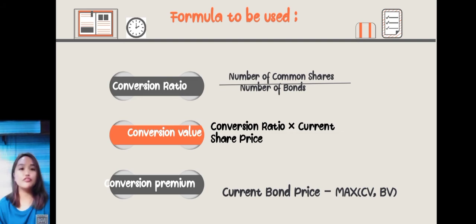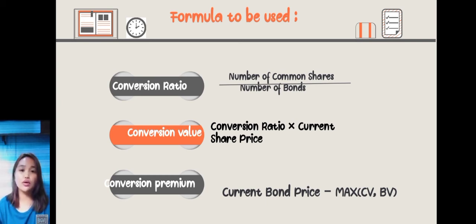The first one is the conversion ratio. The conversion ratio is the number of common shares received at the time of conversion for each convertible security, such as a convertible bond. Convertible debt is a hybrid debt product with an embedded option that allows the holder to convert the debt into equity in the future.